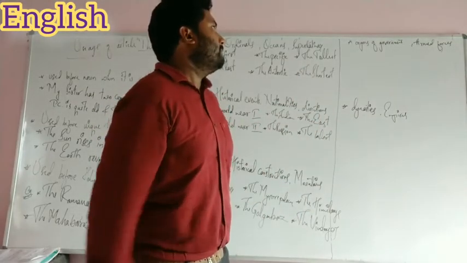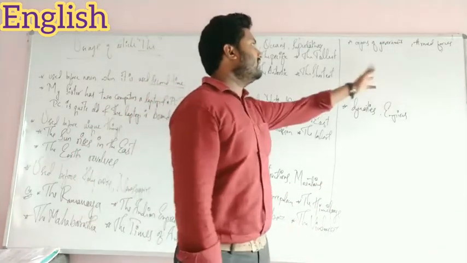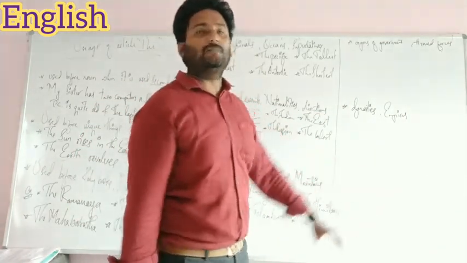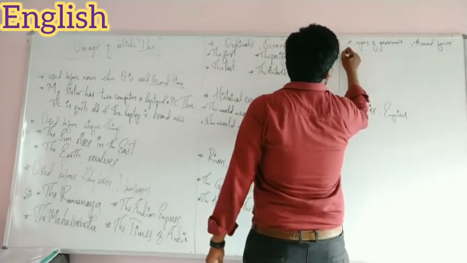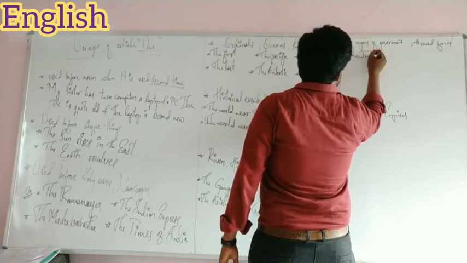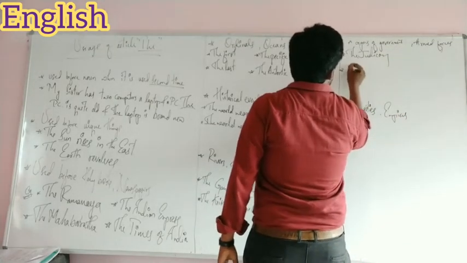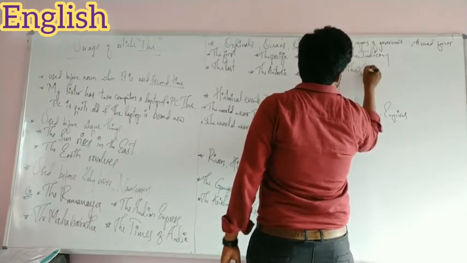And next, the article is used to represent the organs of government and armed forces. Organs of government like the judiciary and the legislature.